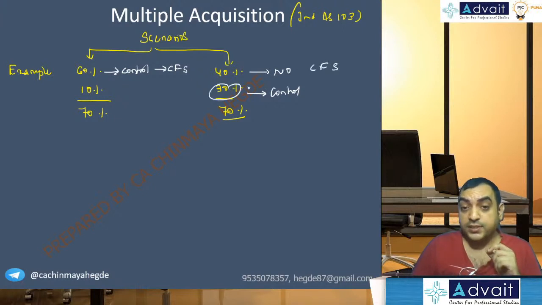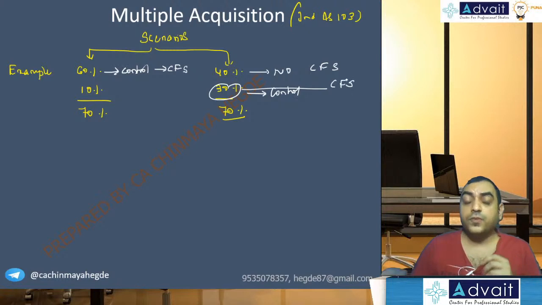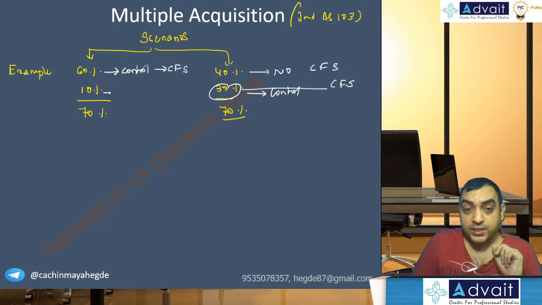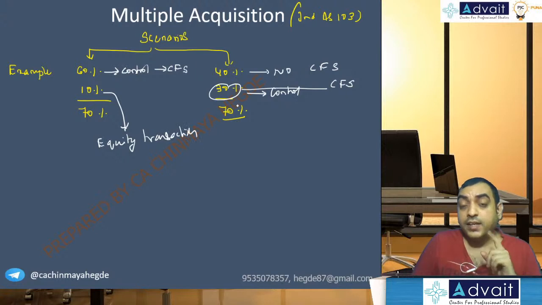When you acquire 30%, you have to prepare consolidated financial statements. In the first example, when CFS is prepared, goodwill is already calculated, so the 10% acquisition you have to account as an equity transaction. In the second case, the 30% acquisition is when you account for the acquisition.